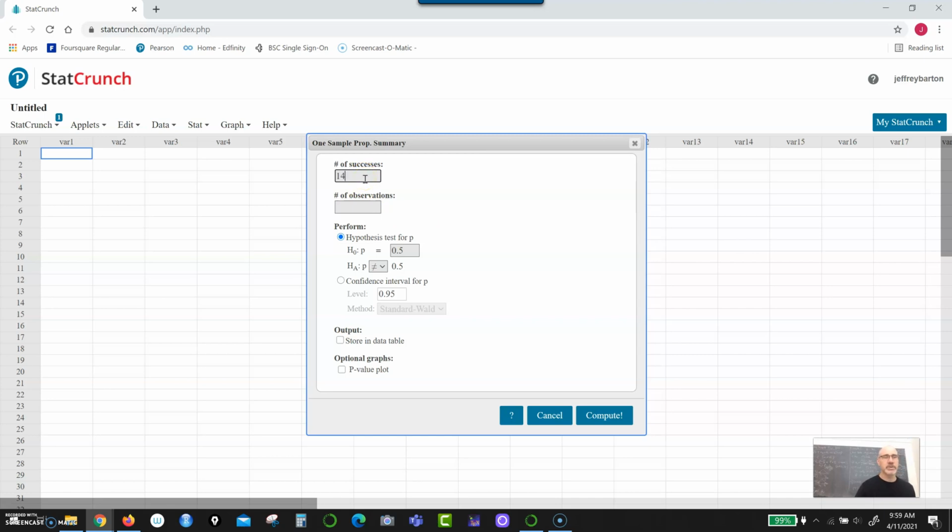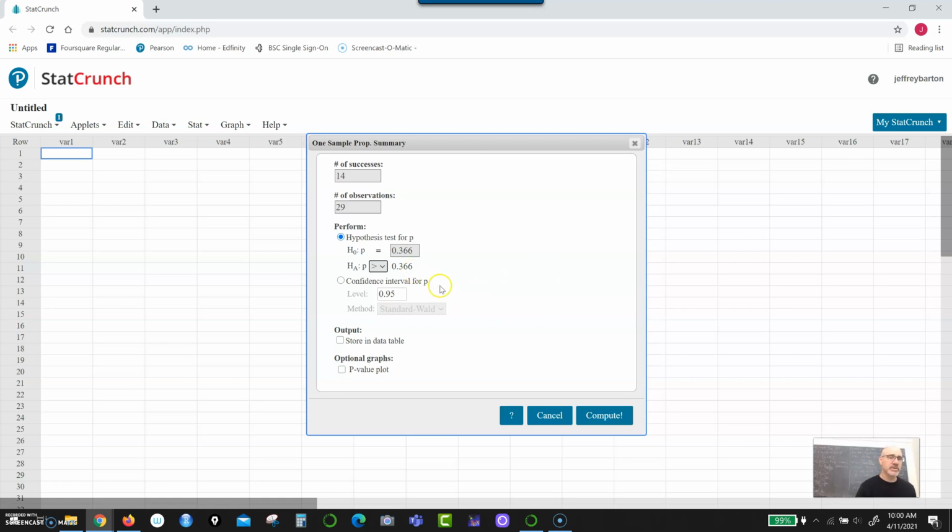So we had 14 identify as Democrats out of 29 observations. And our null hypothesis was no different than the state of Alabama, so that's 0.366. And our alternative was a suspicion that college students at BSC would be in general more likely to be Democratic.